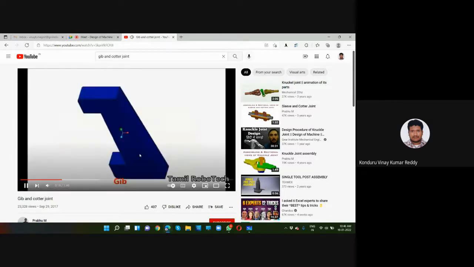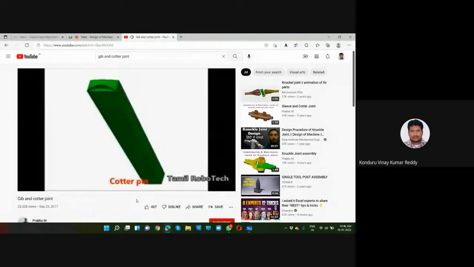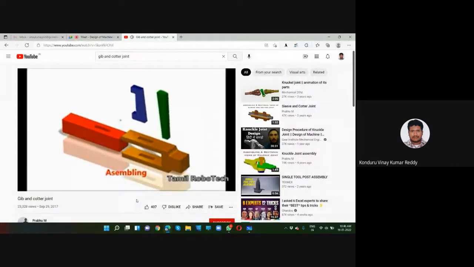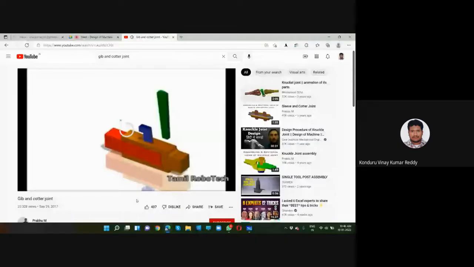This is gib. This is cotter pin. Gib will be inserted inside the cotter hole and it will be dragged towards one of the corners.